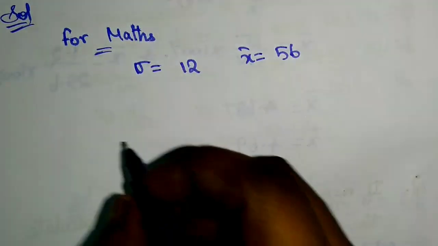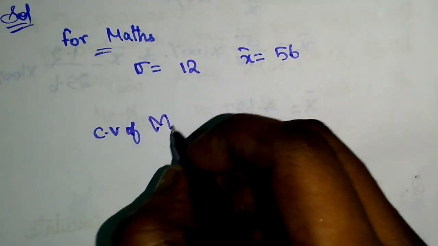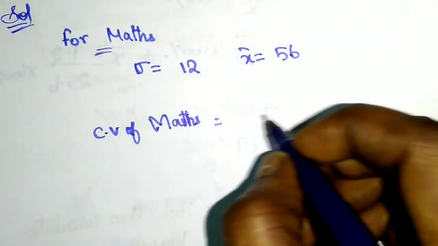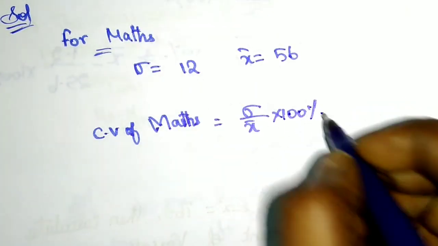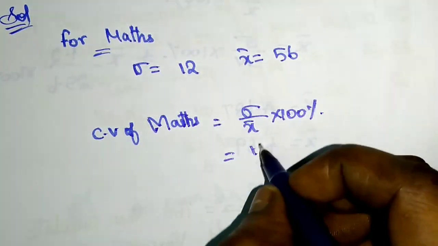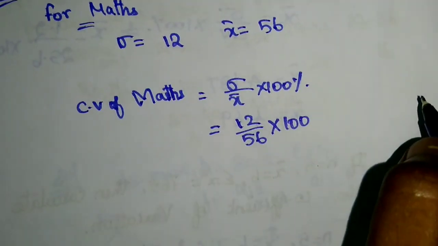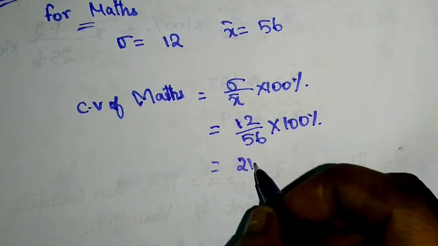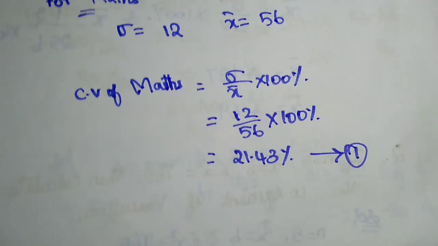Now for CV of maths, that means coefficient of variation of maths marks, is equal to sigma divided by x bar into 100%. So 12 divided by 56 into 100%. So here we cancel, we get 21.43%. This is first equation.